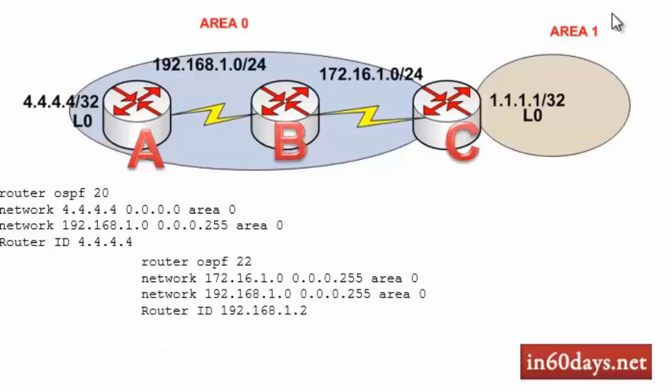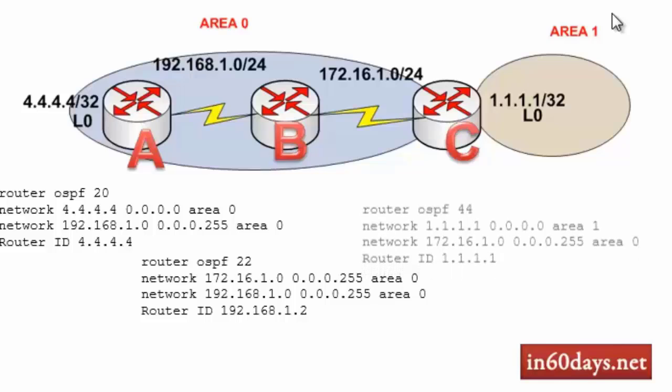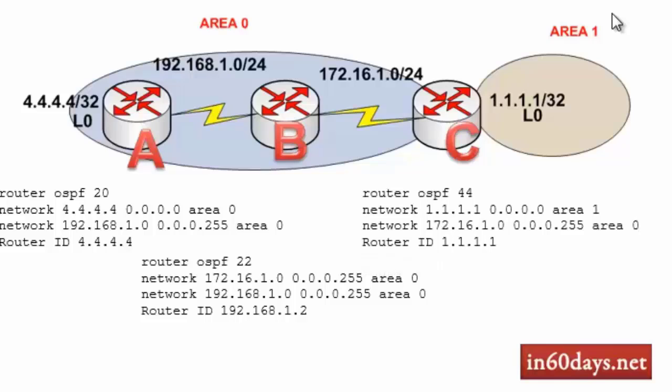In router B, I've added two network commands here, and a manual router ID also. On the right-hand router, router C, I've added the network for the loopback and the network for the connection between B and C, and I've also added a router ID. The difference here is the network on the loopback I've added to area 1. So that's a non-zero area being configured.